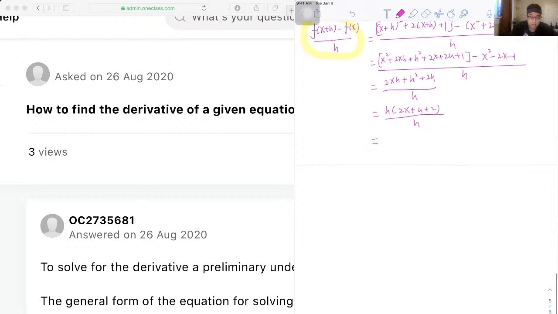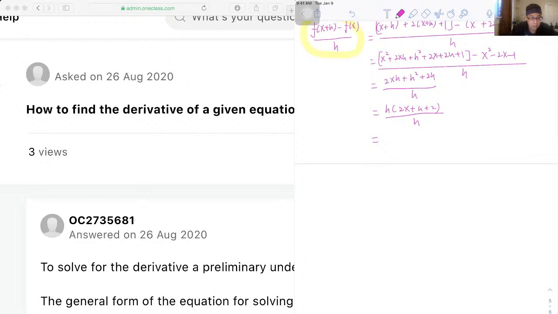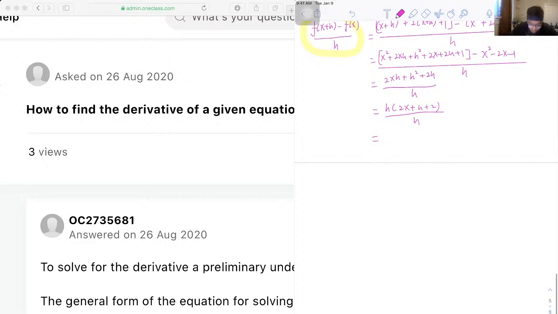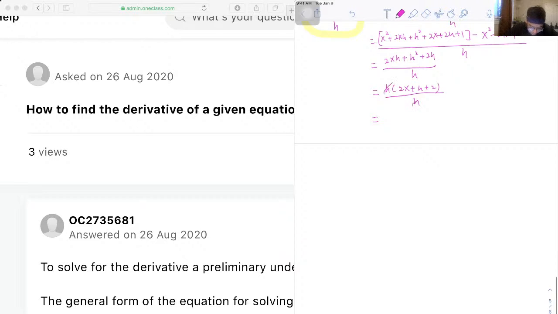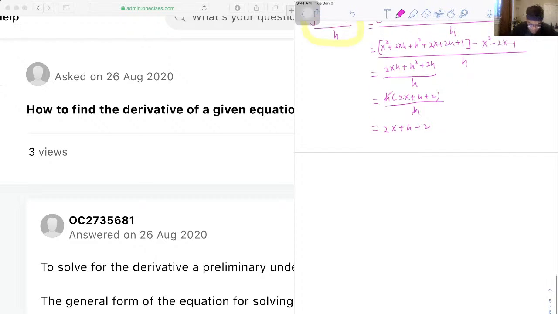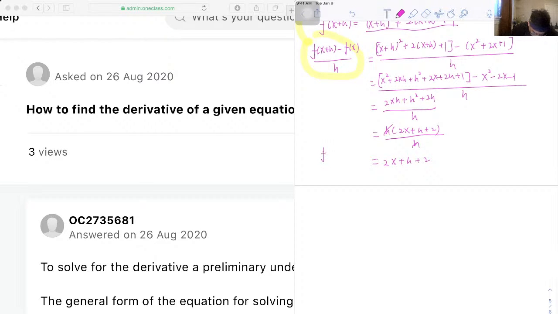Now you see there is an h at the top and an h at the bottom, so we can cancel out the h, which gives us 2x plus h plus 2 as the answer for f(x plus h) minus f(x) over h.